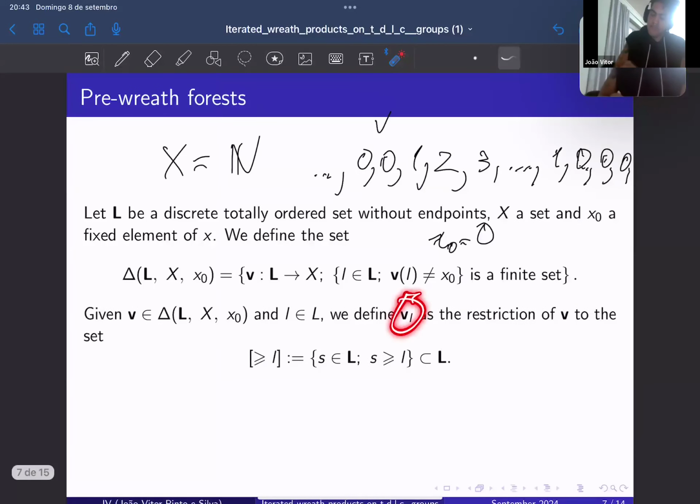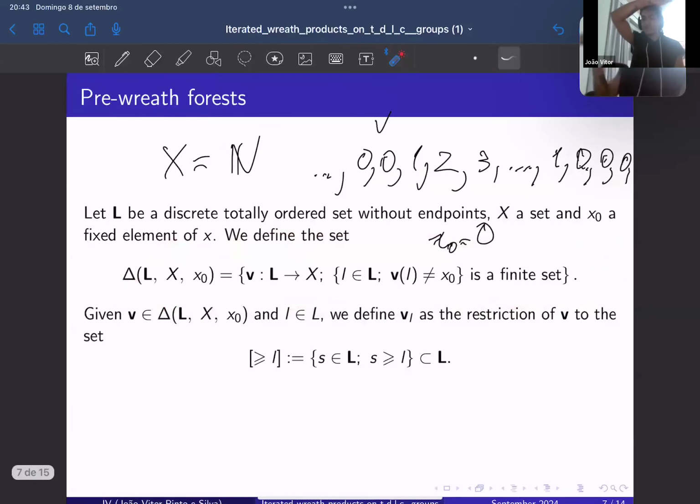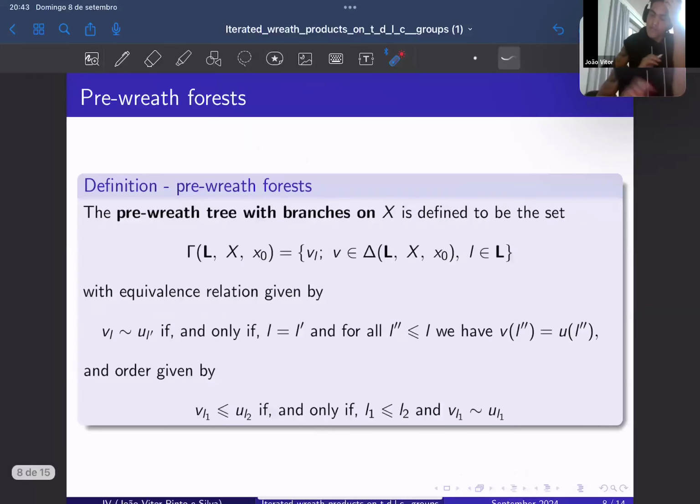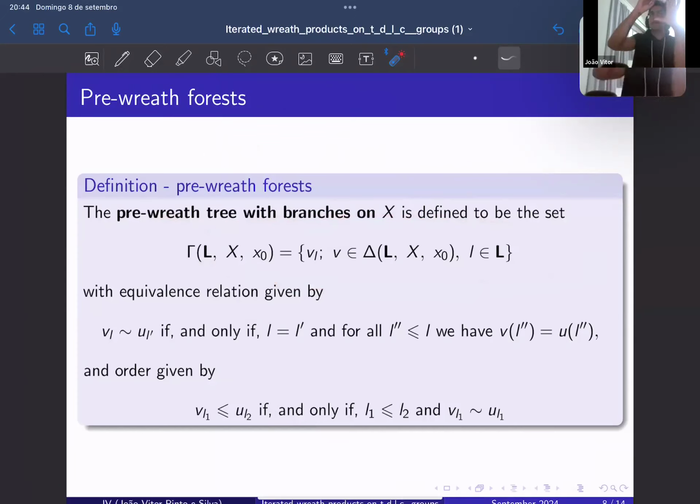So these elements, I'm just getting all the full lines possible, all the paths from one end to the other. But here I'm getting the vertices because I'm saying that I'm going just from one horizontal onwards. So the pre-wreath tree will just be defined as the set of all these elements, all these vertices from one point onwards.